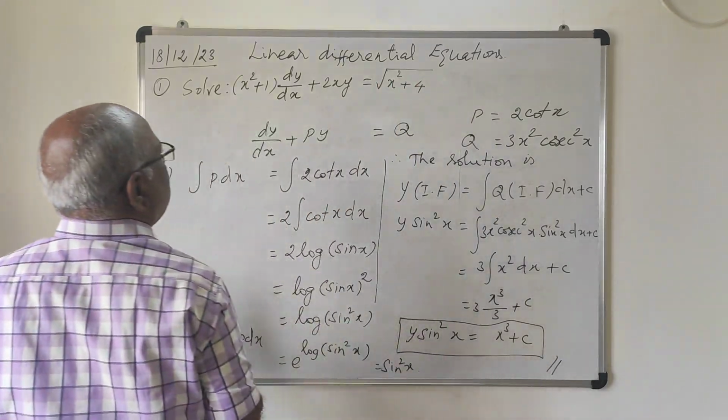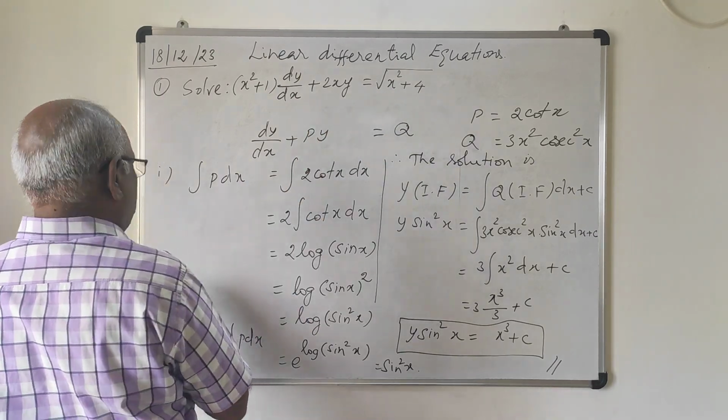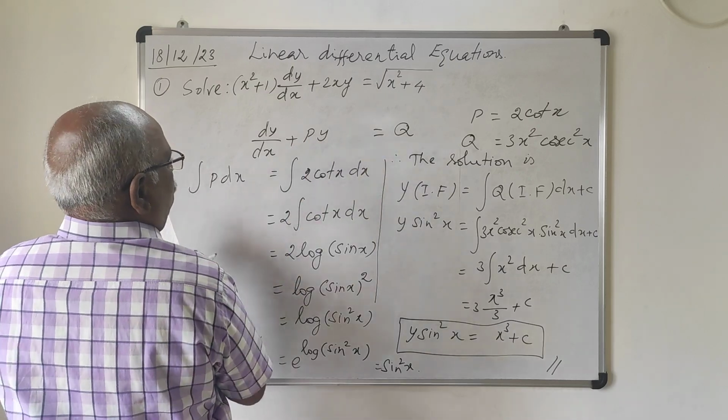You rewrite this equation in the form dy by dx plus py equal to q.